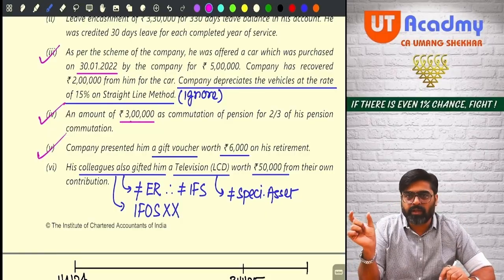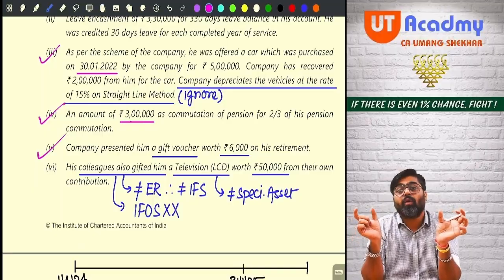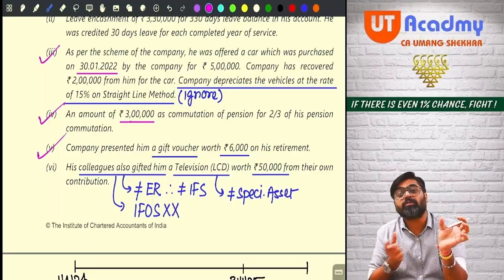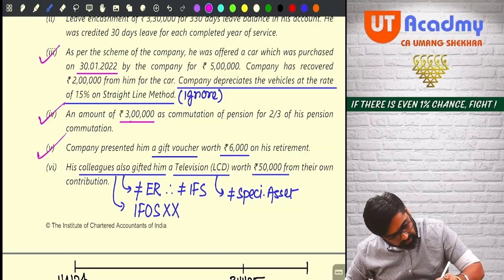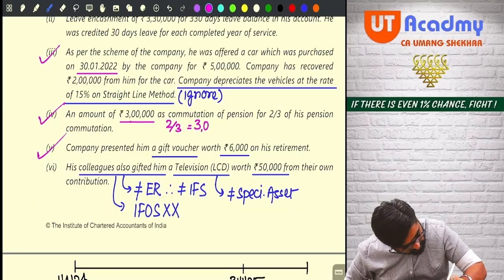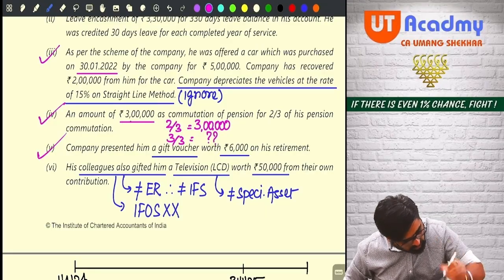Yes, if 2/3 is commuted and 3 lakh is received, what if the 3/3, meaning full, was commuted? Cross multiplication. If 2/3 was commuted and you are getting 3 lakhs, what if the full, meaning 3/3, was commuted? How much pension you would have received?